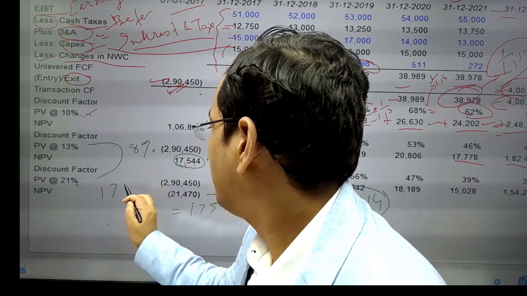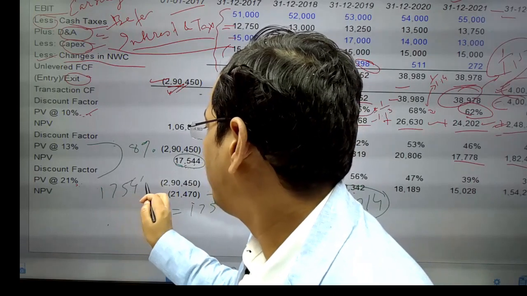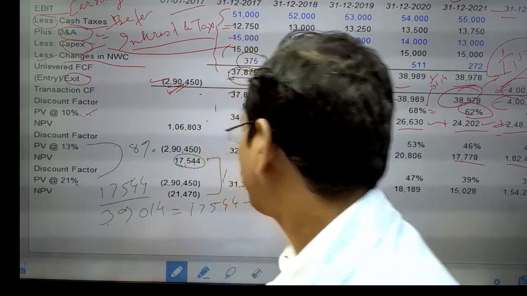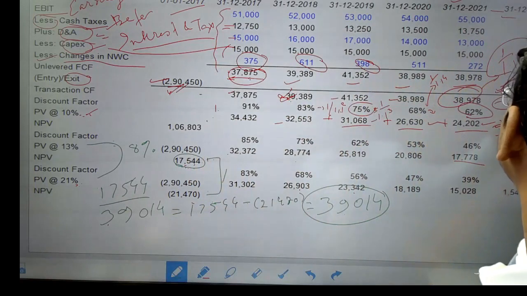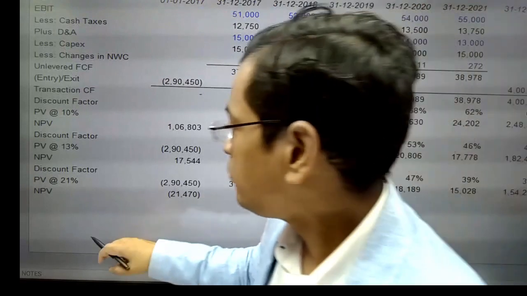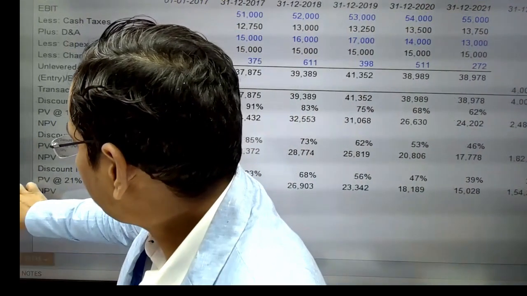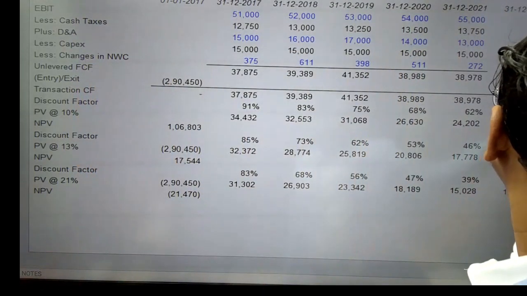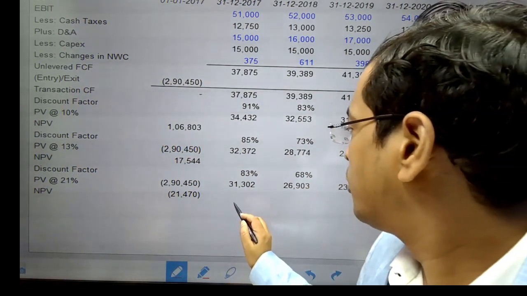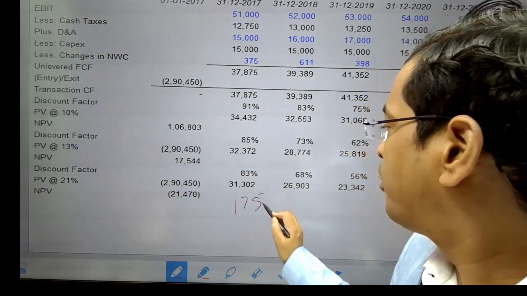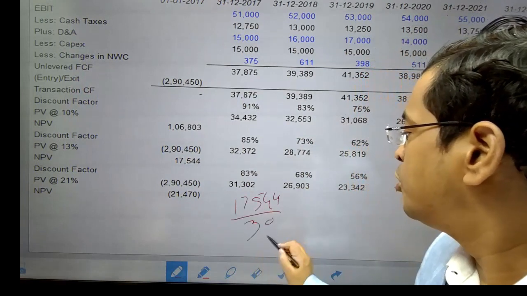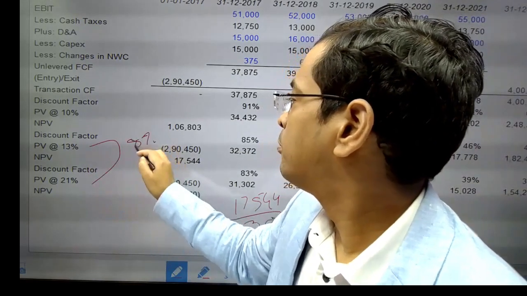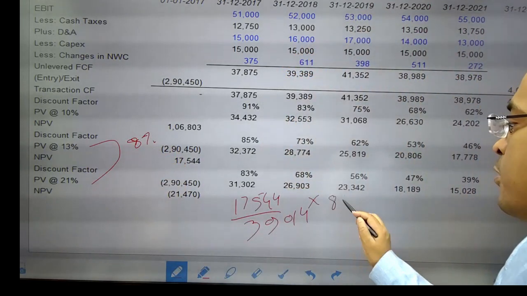So 17,544 by 39,014, times the difference between the two, which is 8%.